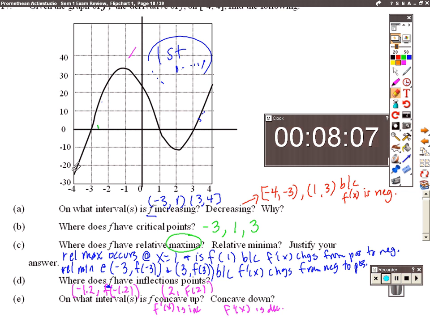Well, the original function is concave up from -4 to, I think we called it -1.2, and then it would go to concave down from -1.2 to 2, and then the original function would go back to concave up from 2 to 4 because of the increasing and decreasing of the first derivative.